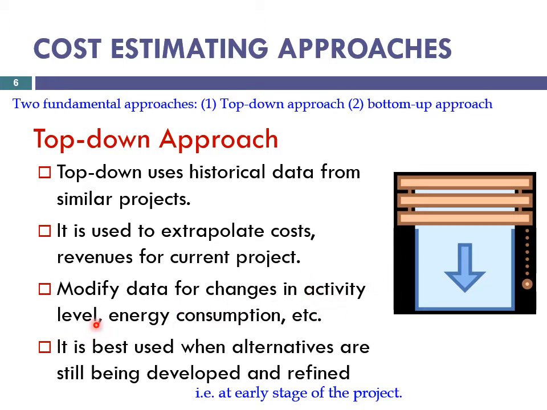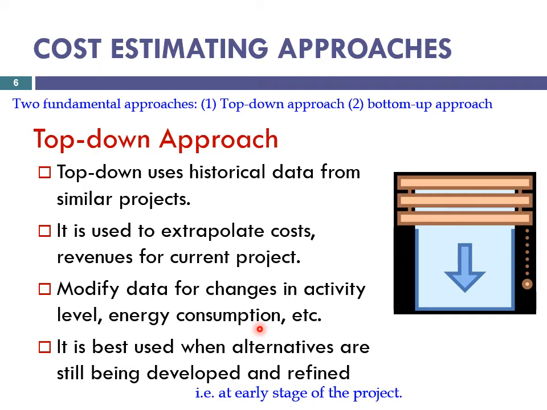Their activity levels can be different. Their energy consumption levels can be different. The weight can be different. There may be some change in the inflation and deflation of the economics, in the general economics, or there can be some other factors. The size of the item, for example, in a manufacturing project, you already produced one item.